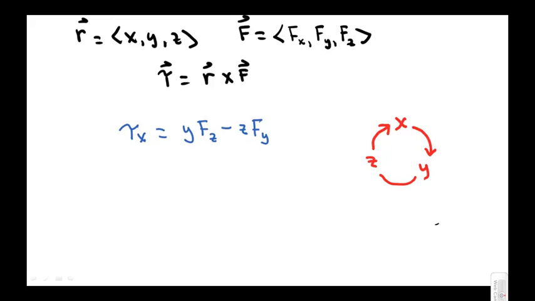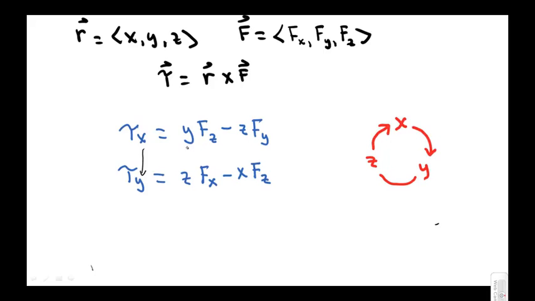Now, if we have the expression of one component in hand, like we have here for the x component of the torque, we can find the others by permuting the letters x, y, and z. That means to get another torque component, just replace all the x's by y's, all the y's by z's, and all the z's by x's. So, for example, to find the y component of the torque, we replace t sub x with t sub y.